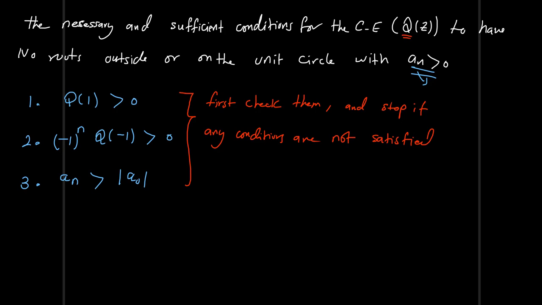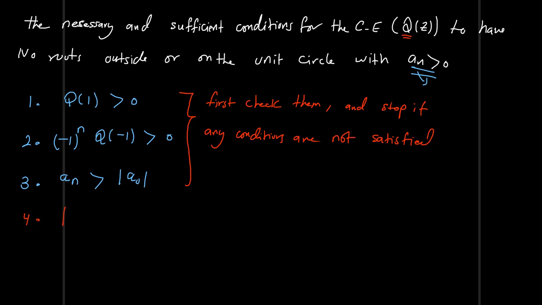Now, if the first three conditions are satisfied, we need to build the Jury table. Then we'll have n plus 1 conditions. So this will be the fourth condition.